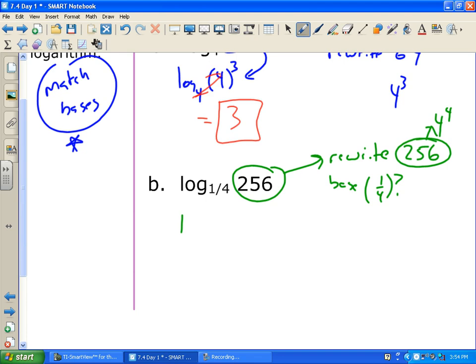So if I have log base 1/4 of 4 to the 4th, I'm good so far. Well, Ms. Wood, I don't know how you're good. You said that we have to make the bases match up. So I need the number 4 to actually be 1/4. Okay. Is there somehow I can write 4 in terms of 1/4?